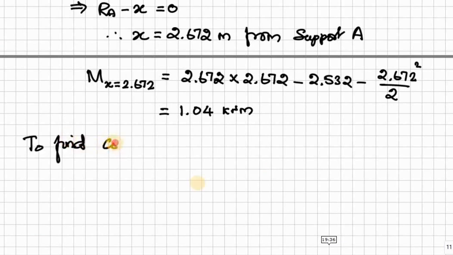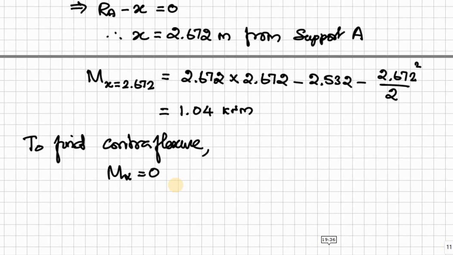How to find the point of contraflexure where the moment is 0 in this span? Because at support A we have negative moment, but at mid span C we have a positive moment. Therefore, somewhere the moment is 0 in span AC. So that's why we have to find out the point of contraflexure in span AC.